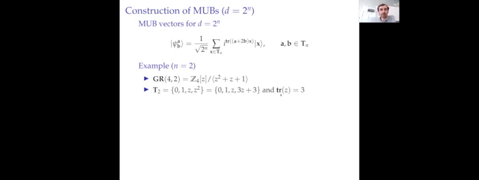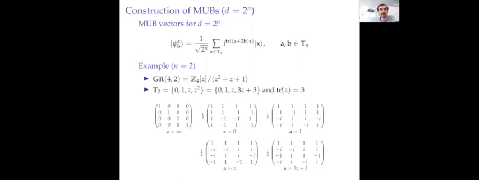And then you can compute that the trace of this element z, the variable that I use in polynomials, is 3. If you represent it by a matrix, then you just get 3. And using that, by linearity, you can compute the trace of any element of your Galois ring, and then you can plug all this in and you can get these expressions. So the columns of these matrices are the vectors in your mutually unbiased bases in dimension 4.